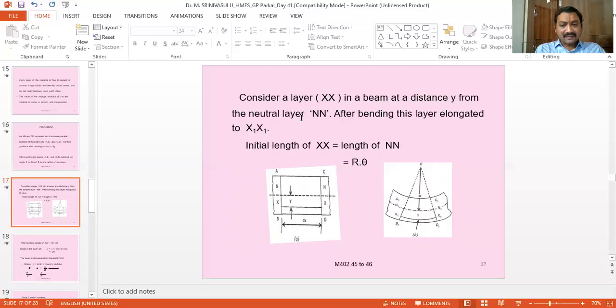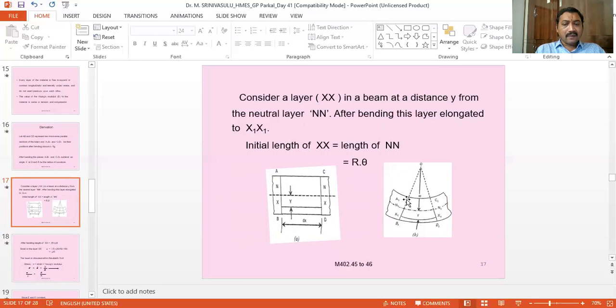So this is before bending, the initial condition of the beam. After applying the load, that is due to the action of the external load on the beam, the beam is subject to bending.